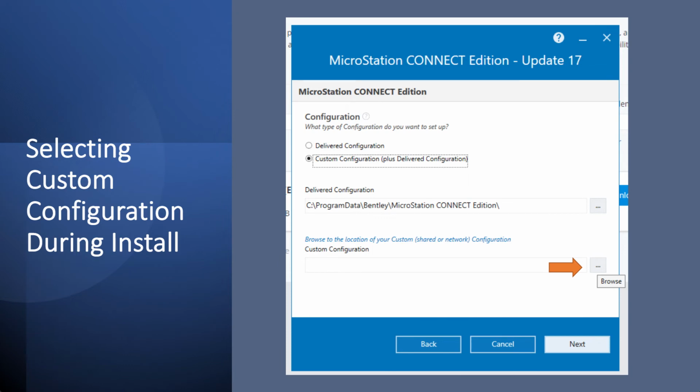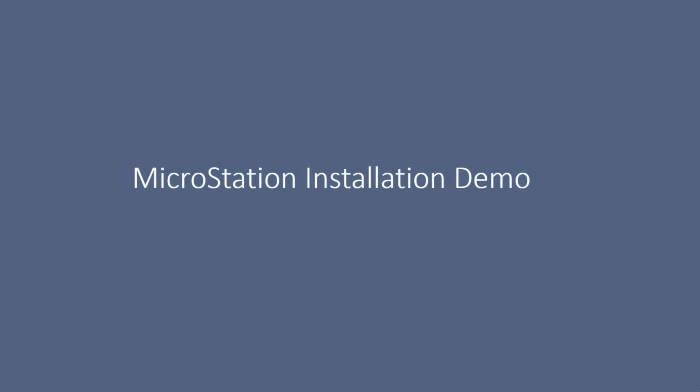Or we also give you the ability to move the configuration out there later. Even if you've chosen the default configuration, you can move it out there at a later point in time and set the variable. Here we'll look at a demonstration of doing the installation.